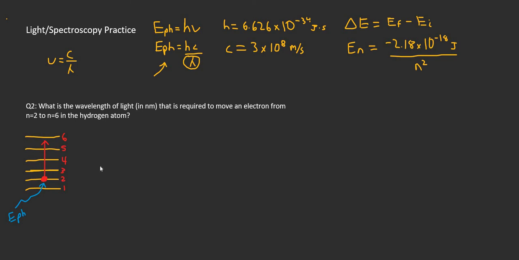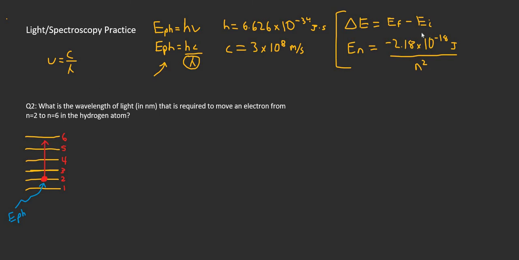There's a way we can calculate this mathematically using the combination of these two equations over here. This is called the delta E process equation, where you take the energy of a final state minus the energy of an initial state. In this system, our initial state is n equals 2, and our final state is n equals 6.